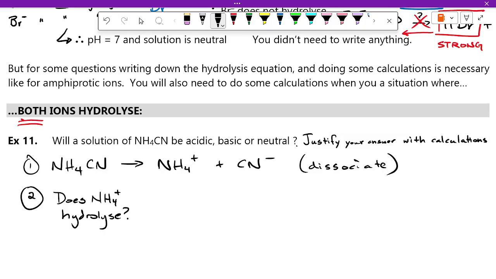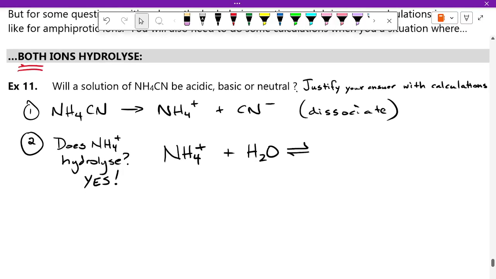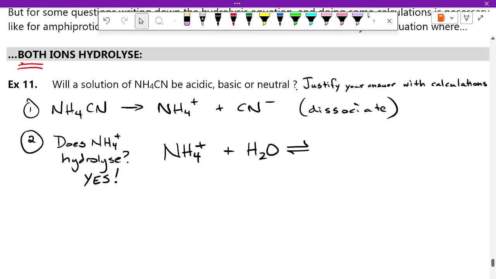Yes, it is. Just to make a generalization here, when cations hydrolyze, do we get an acidic, basic, or neutral solution?